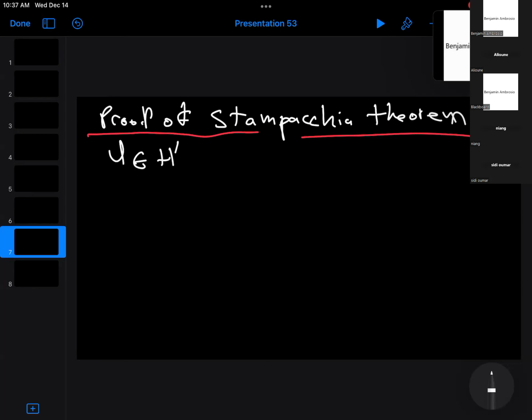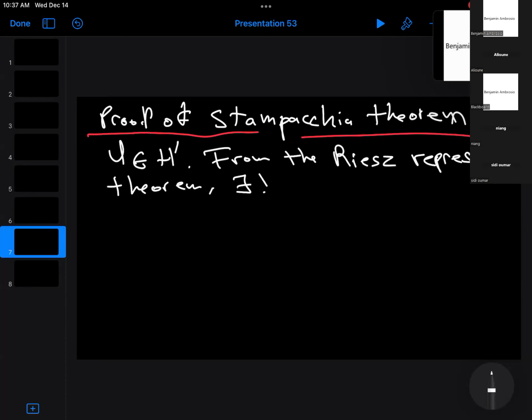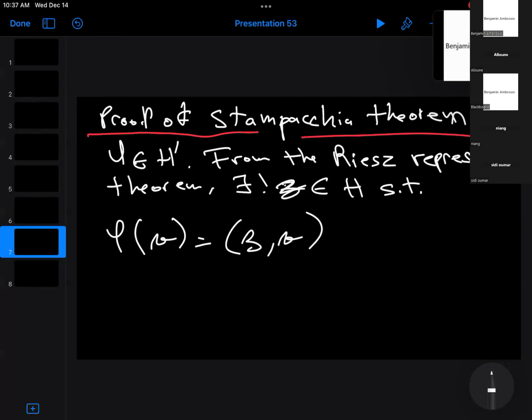So first of all, phi belongs to H prime. So from the Riesz representation theorem, there exists, and it's unique, let's call it z, such that phi of v equals z, v, so here it's the scalar product in H, right?